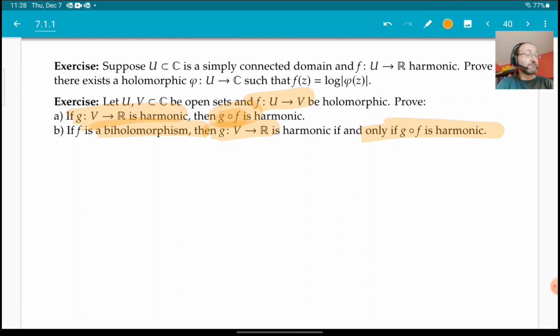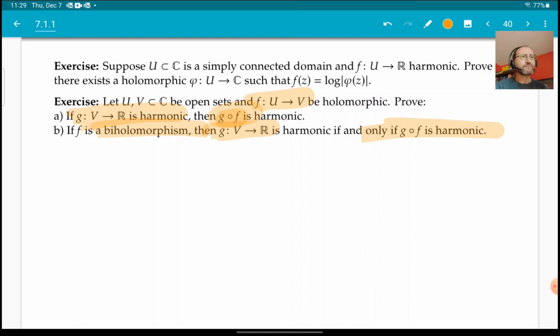That's a harmonic function. So solving the Laplace equation in various domains is actually an applied math kind of thing. And this says that you can do biholomorphisms, right? So we know the Riemann mapping theorem, for example.